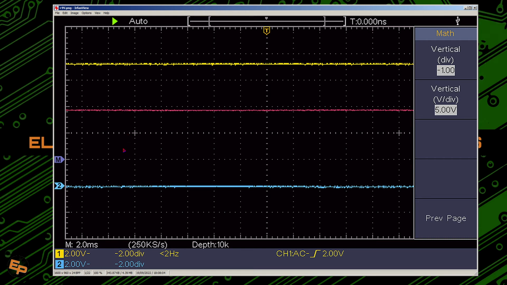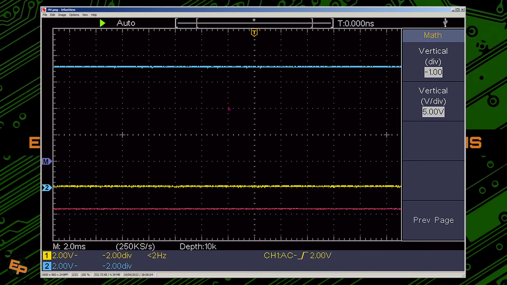But anyway, we have the yellow at some 9 point something volts. The battery was a brand new battery which actually gave some 9.3 volts or something like that. So we have the yellow output at some 9 point something volts, the blue output at 0 or very, very close to 0, and therefore the mathematical difference is plus 9 point something volts.